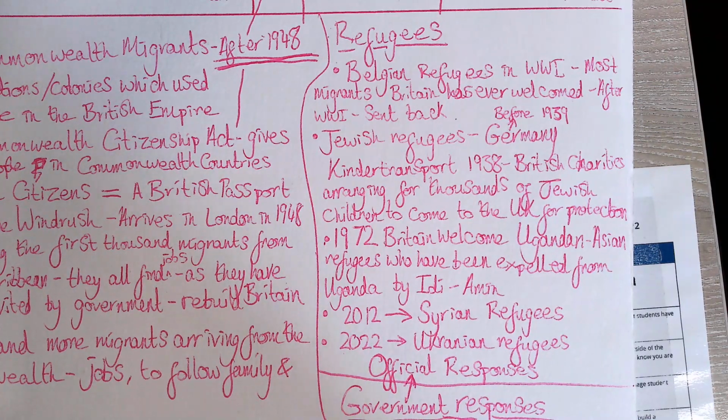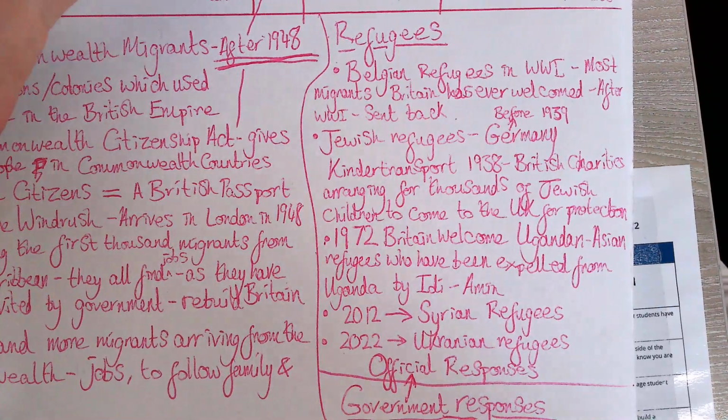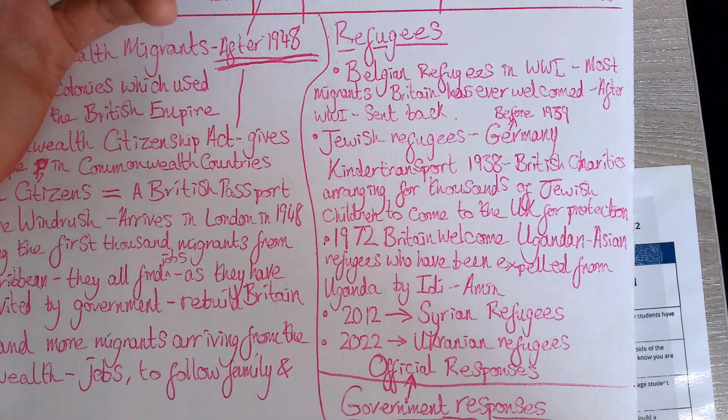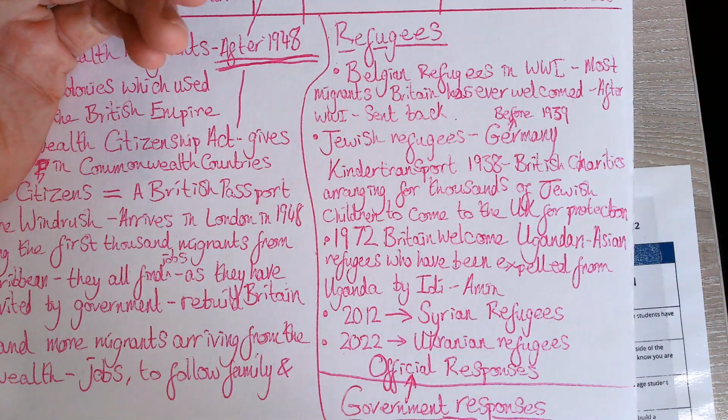What's, of course, perhaps limiting, though, is that after World War One, these Belgian refugees are sent back by the government. However, I think we should keep in mind that many of them probably wanted to go back to their home. I think we see this today, don't we, with Ukrainian migrants to the UK. We have some in our school, and when you talk to them, they're desperate to go back home and can't wait to be able to go back afterwards.